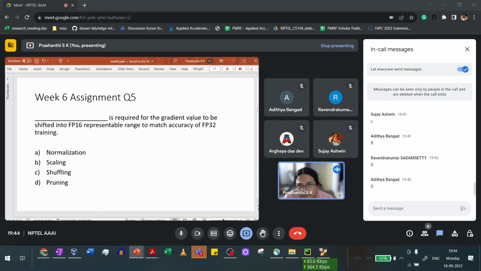Dash is required for the gradient value to be shifted into FP16 representable range to match accuracy of FP32 training.